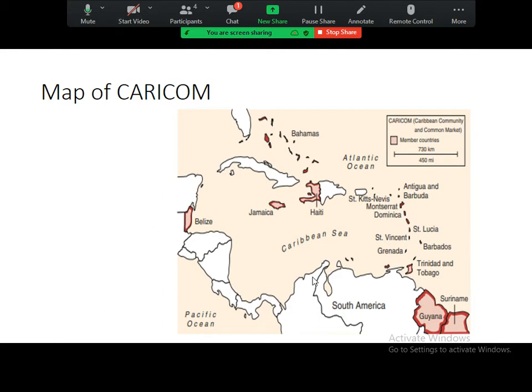Recently, the CBI members requested that the CBI be expanded. The Caribbean Basin Trade Partnership Act, which went into effect on October 1st, 2000, exempts textile and apparel exports from the Caribbean to the United States from duties and tariffs. CARICOM is shown in this particular map.